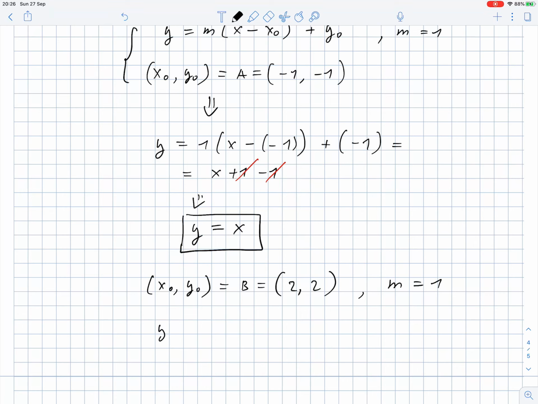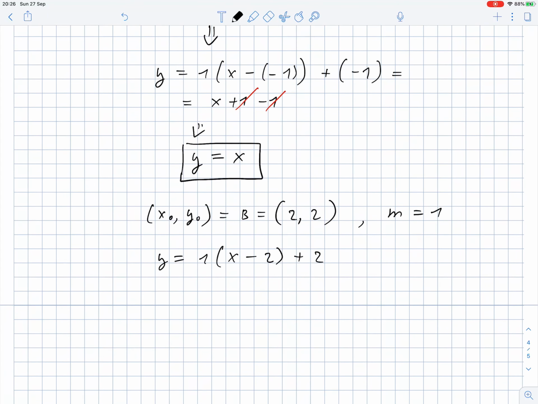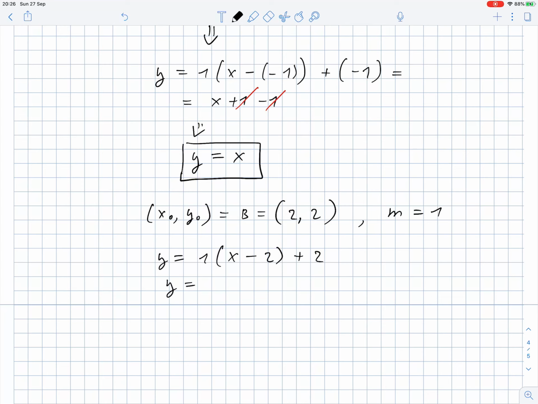Okay, so y equals 1 times x minus x0. x0 is 2. Plus y0 is 2. Therefore, y equals x minus 2 plus 2, those two terminated, and again we have y equals x.